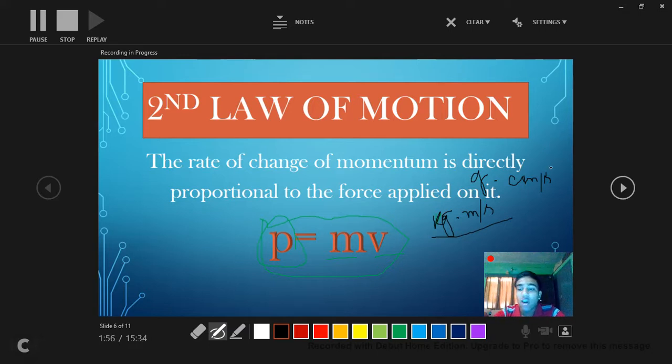So what is the second law of motion? The rate of change of momentum. Change in momentum means P2 minus P1, and P means mv. So it is the change in the product of mass and velocity.